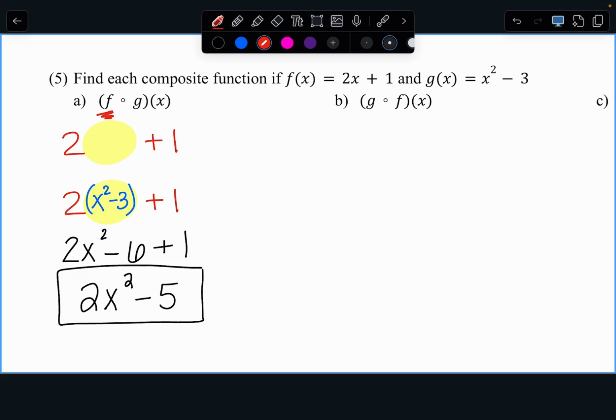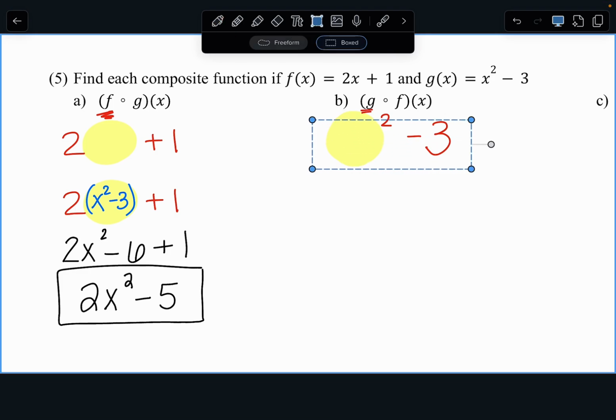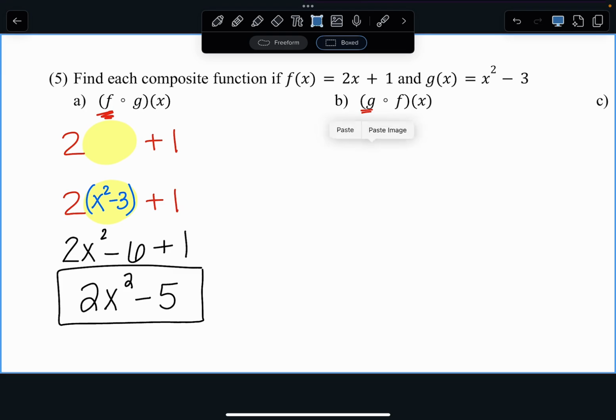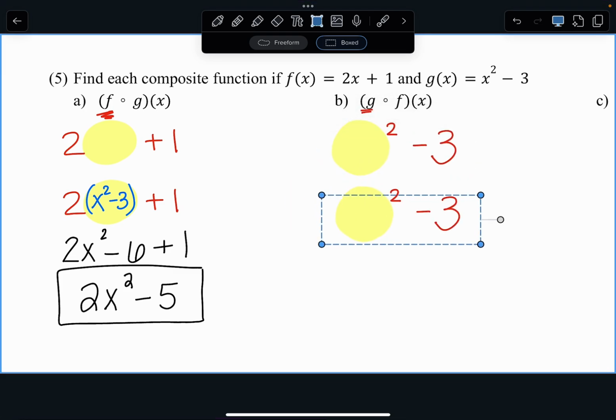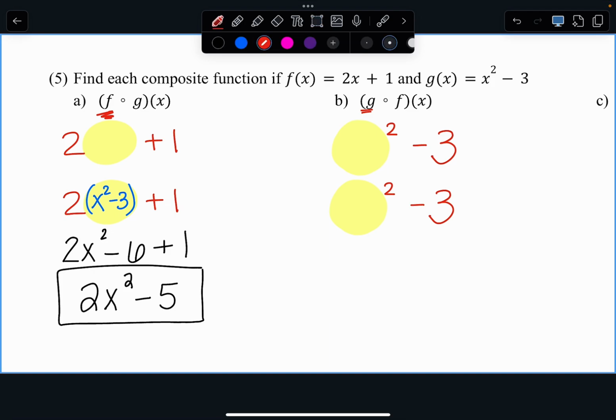Letter B, what are we starting with? Start with g. So we have stuff squared minus 3. What are we plugging into that stuff squared? 2x plus 1 goes in that spot. But remember, you've got to put it in parentheses.